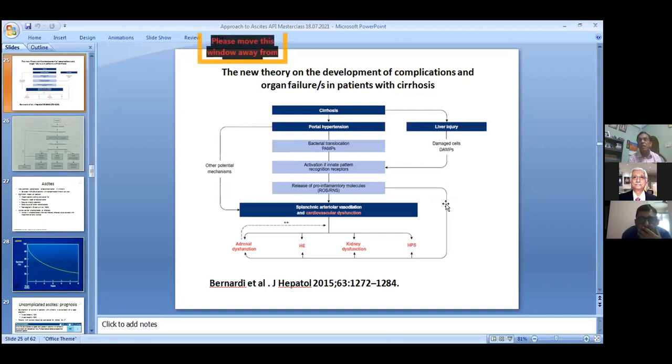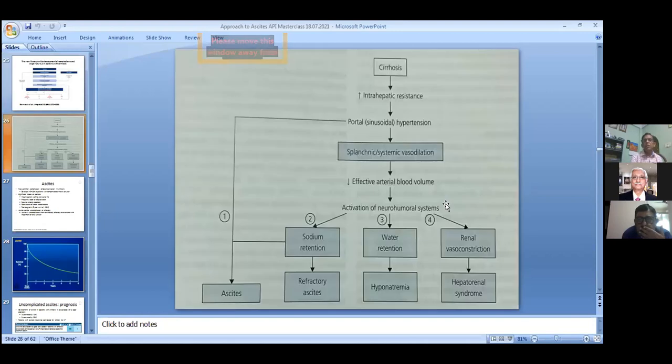And because of this, there is arterial dysfunction, adrenal dysfunction, hepatic encephalopathy, renal dysfunction, and even hepatopulmonary syndrome.